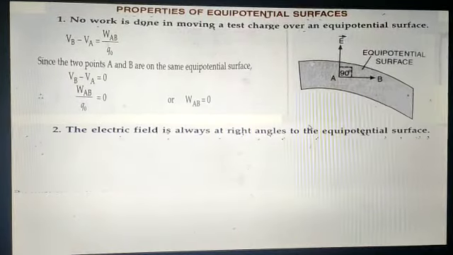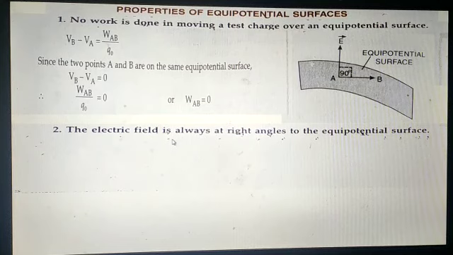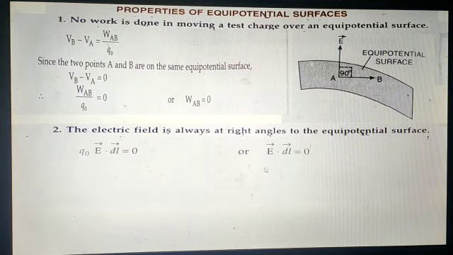Now, next point. The electric field is always at right angles to the equipotential surface. Do you remember the formula in which the potential difference between two points B and A, that is VB minus VA, is given by the line integral of electric field? Now, to move a unit positive charge by a very small distance, the work done will be E dot dl.